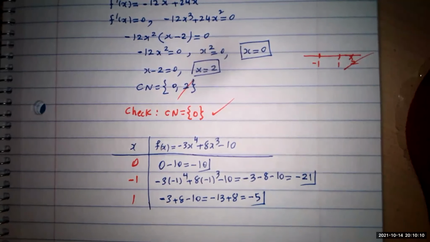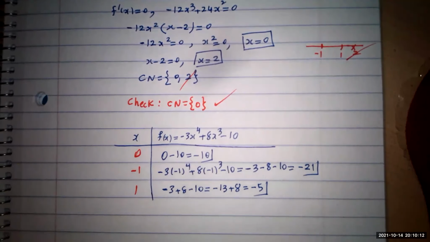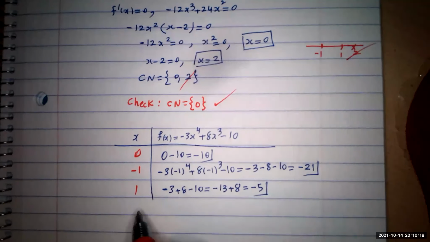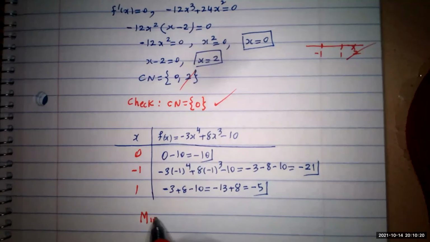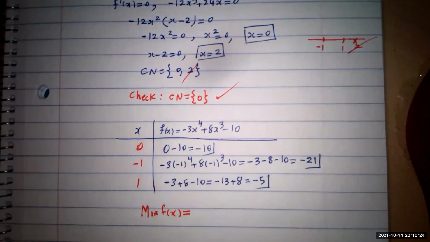There you are. So you have three numbers to compare: negative 10, negative 21, negative 5. What is the minimum? The smallest value between negative 10, negative 21, and negative 5. Yes, you are all right.